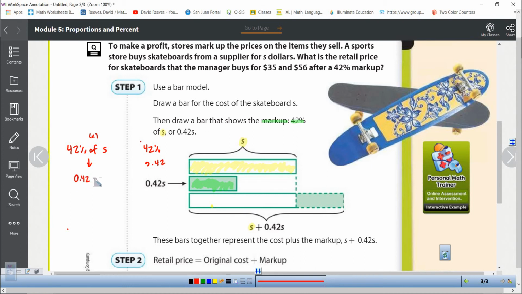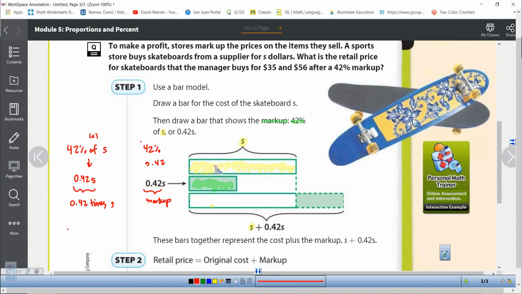You can just put the number directly in front of the variable, and that means 0.42 times S. And that number there is called the coefficient. When you put a number in front of a variable that it's being multiplied by, it is called a coefficient. So this right here represents the markup.